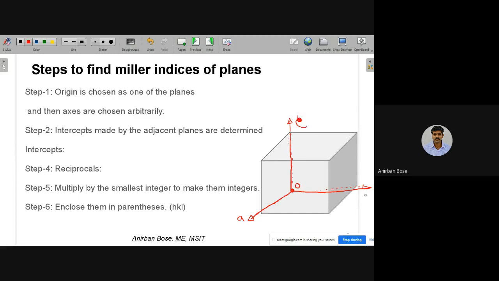You can consider any direction, that is your choice. I have already told you a, b, c can be any. Now you have to always remember that through the origin one plane is passing.